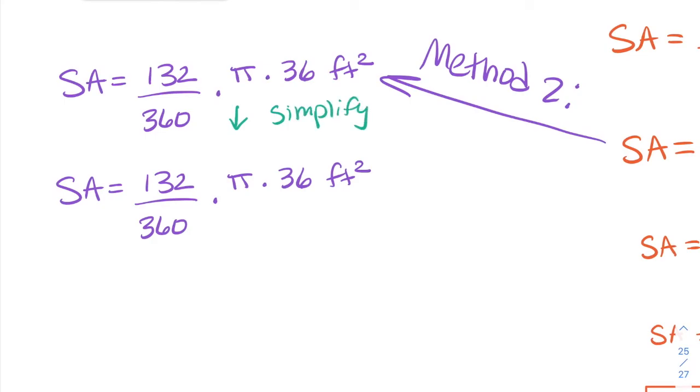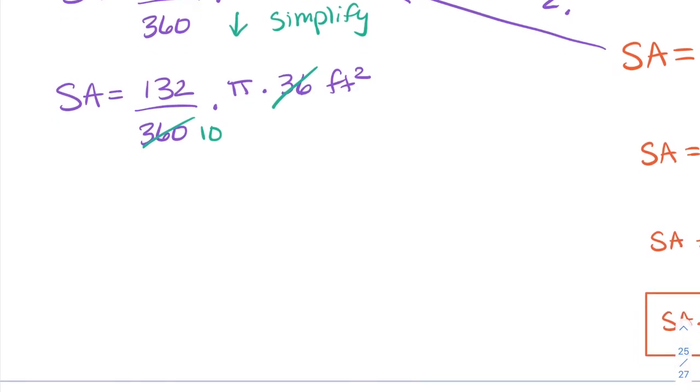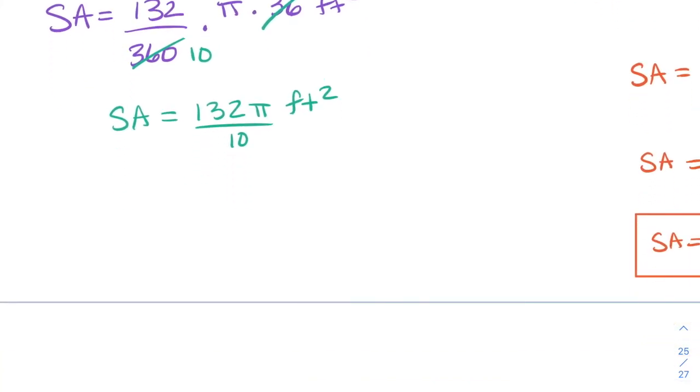simplify. So I would have done get rid of 36, and that would have been 10. So I would have had sector area equals 132 pi feet squared divided by 10. And then sector area would have been 66 pi over 5, because I would have divided each one by 2, numerator and denominator.